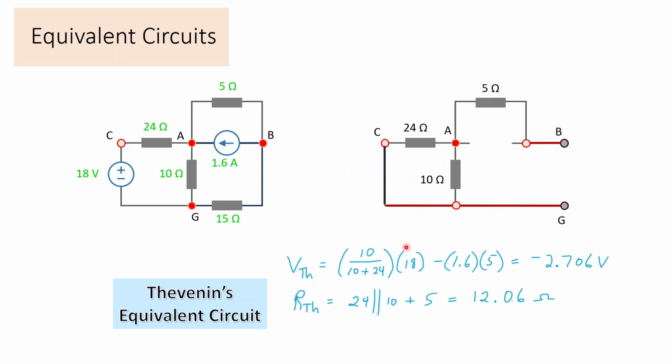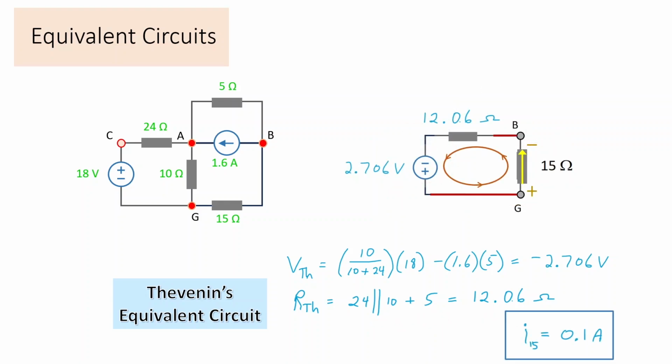Now for the Thevenin ohms, we short circuit any voltage sources and open circuit any current sources. Then we can see that the 24 and the 10 are now in parallel, and that result in series with 5. So 24 parallel 10, that result added to 5, is 12.06. We bring in the Thevenin equivalent circuit and this time connect the output, and we see that we have a single counterclockwise loop.